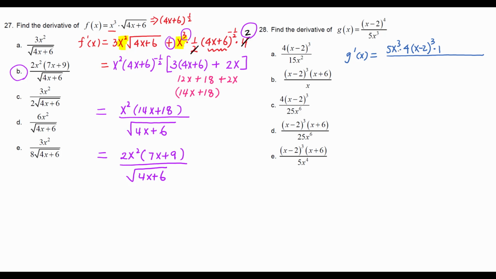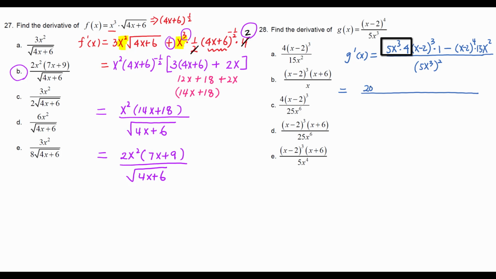So I have low d high now, minus high. High is x minus 2 to the power 4 times d low. The derivative of low is 3 times 5, which is 15x to the 2nd power, over square below, which is equal to, well, times 1 doesn't do anything. 5 times 4 is 20.